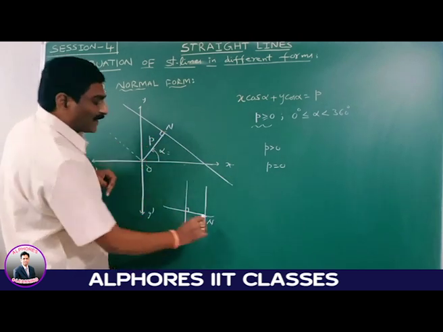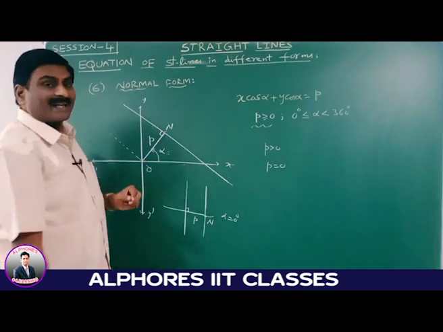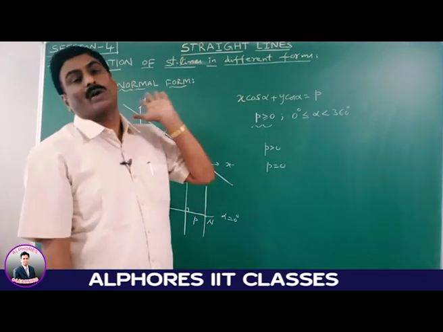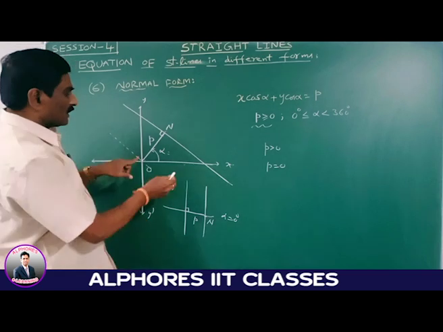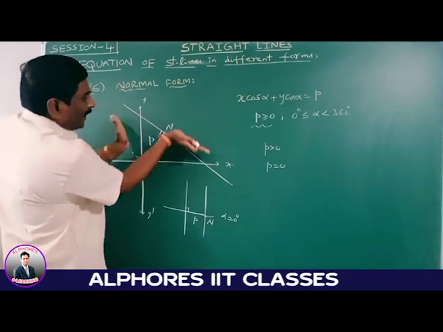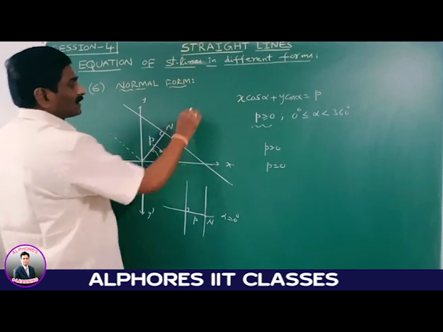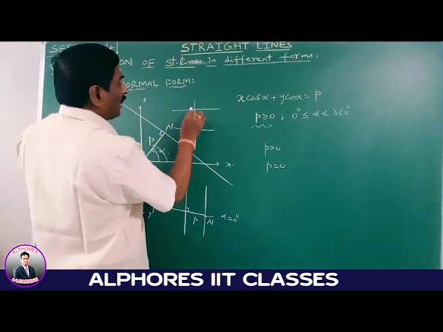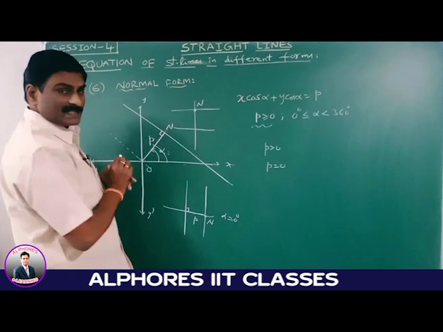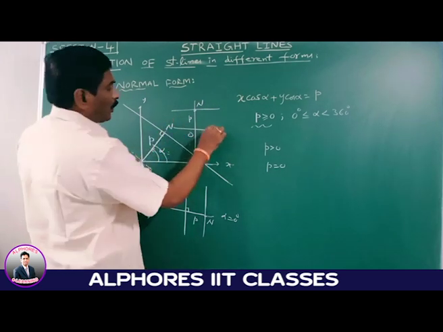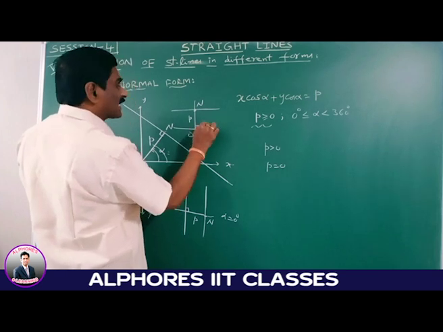That means alpha is equal to 0, and this is the perpendicular distance p. So the range of alpha begins from 0 degrees. Suppose the line moves in this way, the angle increases. Up to suppose the line is in this way, where N is this point, and the perpendicular distance from origin to the line is p. The angle from the positive x-axis to the normal is 90 degrees.